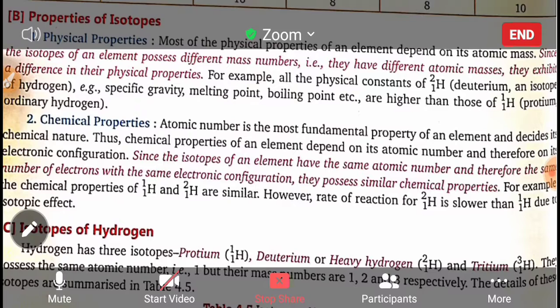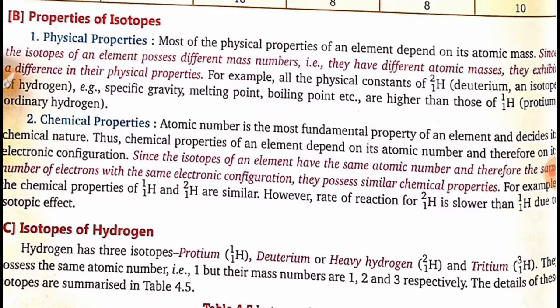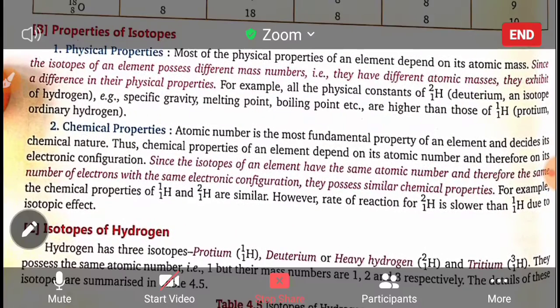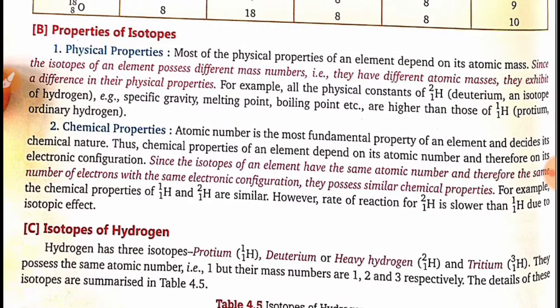Chemical properties: atomic number is the most fundamental property of an element and describes its chemical nature also. The chemical properties of an element depend on its atomic number and therefore its electronic configuration also. Since the isotopes of an element have the same atomic number and therefore the same number of electrons with the same electronic configuration, they possess similar chemical properties.